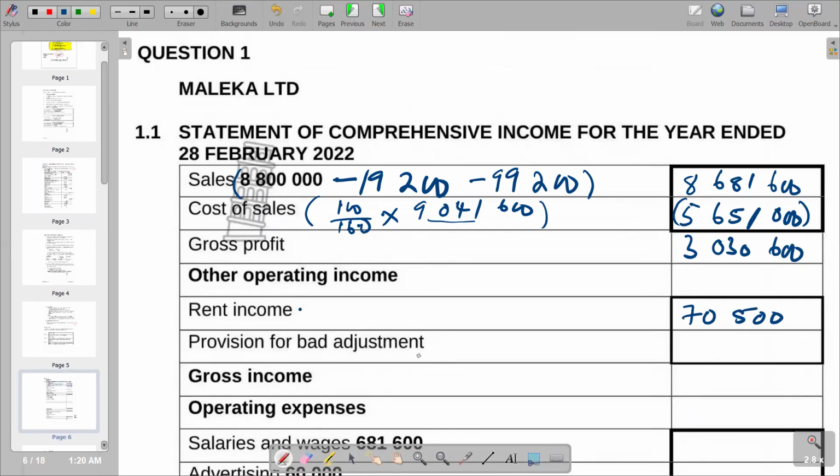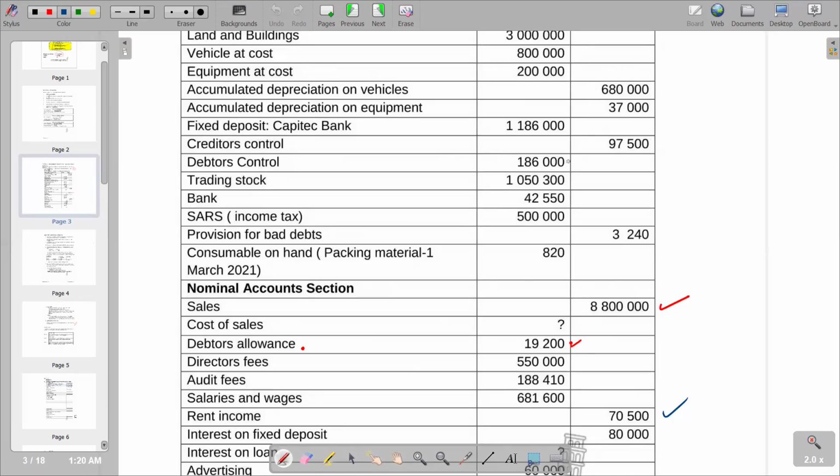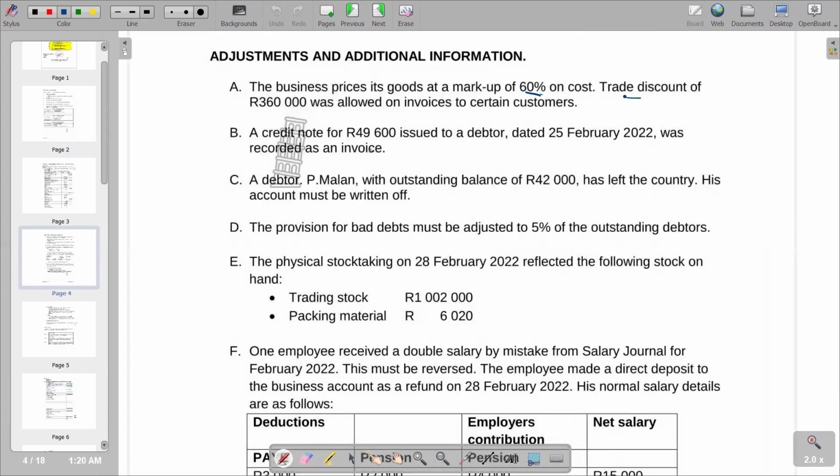Then for provision for bad debts adjustment, we are supposed to take the figure for debtors, which is 186. And then we check if we have got any adjustment that is going to affect it. Go to our additional information, you'll see that 1,600 is recorded as an invoice. So obviously, we said 1,600, and the figure that we got was 99,200.